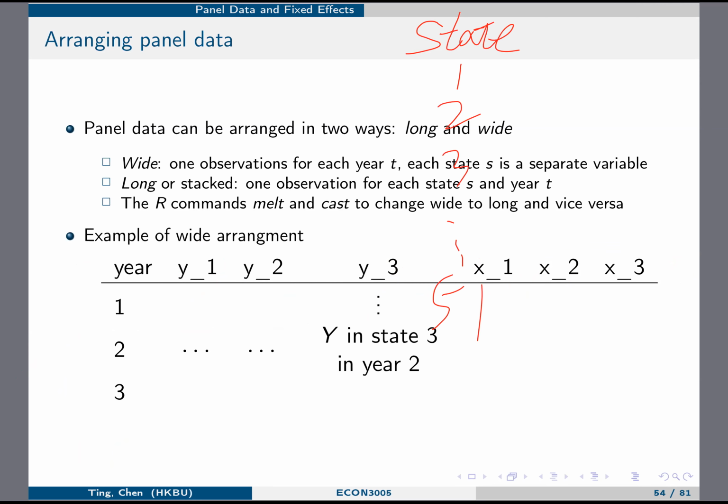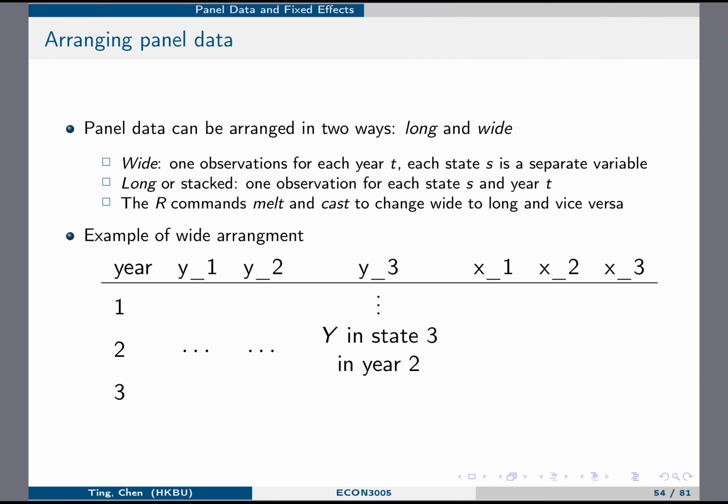And then you will have Y in year 1, Y in year 2, up to Y in year 14, and the same for the X variables. This will also be a wide format for the panel data. The only difference is that now in the rows we will have 51 states instead of 14 years.